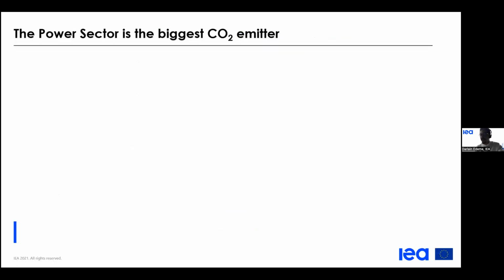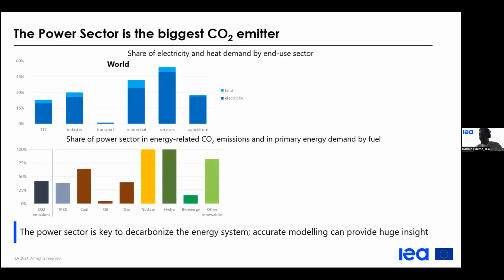So I will just start with sharing with you a few considerations and findings on the power sector, just to insist on why the power sector is important. We are looking at this sector because it's key in our energy system. If you look at the global scale, the share of electricity and heat, but really let's focus more on electricity.